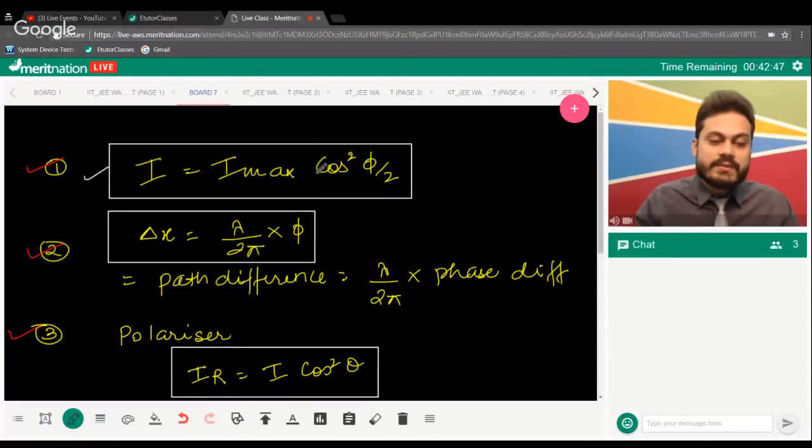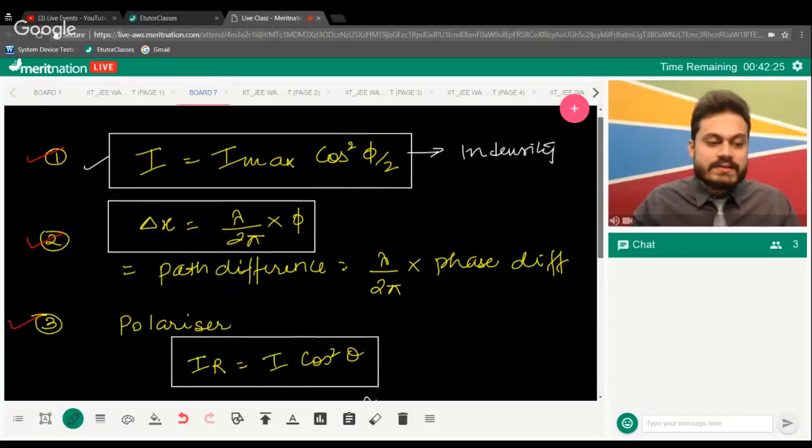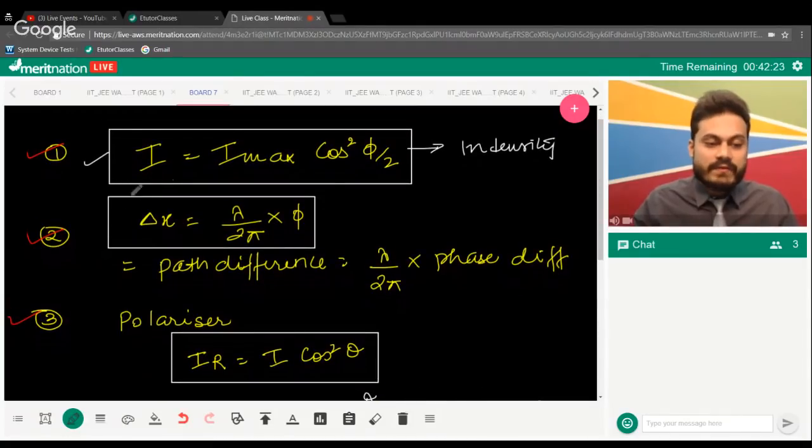I is equal to I max cos square phi by 2. This formula relates intensity with phase difference: if there are two waves interfering with each other, and the phase difference between them is phi, what will be the intensity? So I is equal to I max cos square phi by 2. This is the first formula.